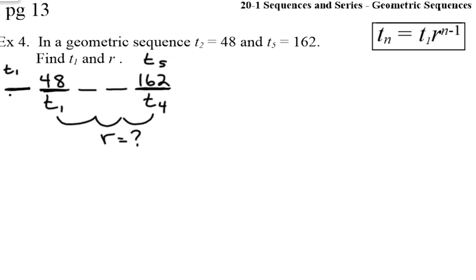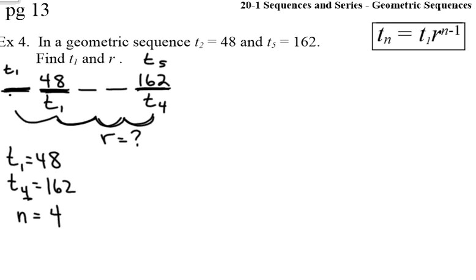So again, R is going to be the same all the way, whether I start with the original term 1, or if I start with 48. So I'm going to cheat a little bit to figure out what R is. Term 1 is 48. Term 4 is 162, which tells us the number of terms is 4, because we have the fourth term, and we want to figure out what R is.